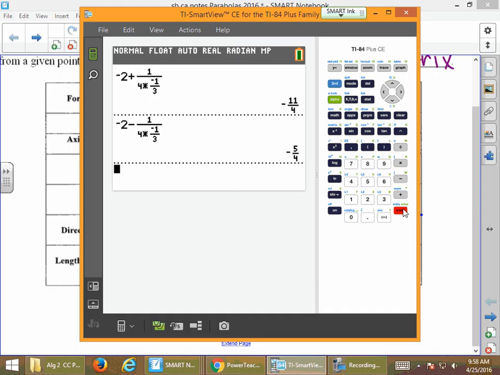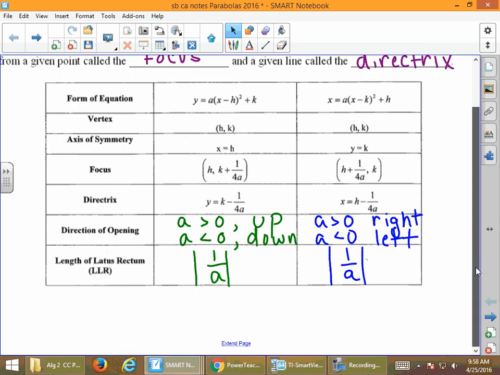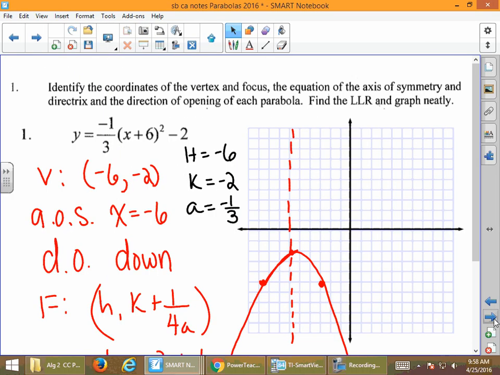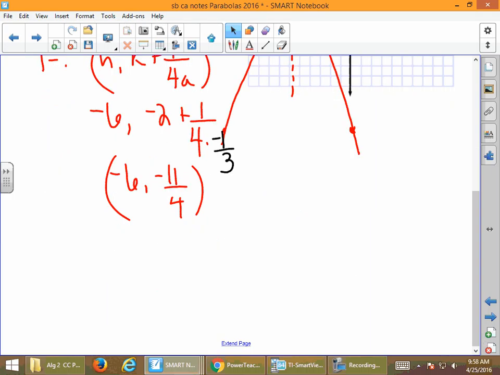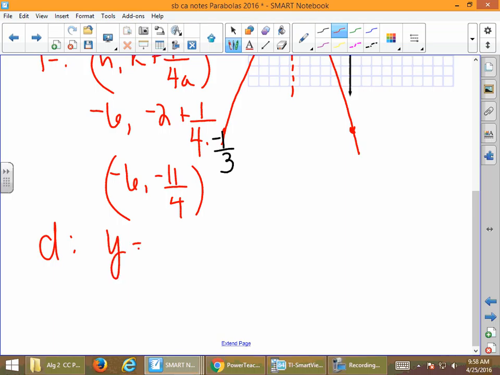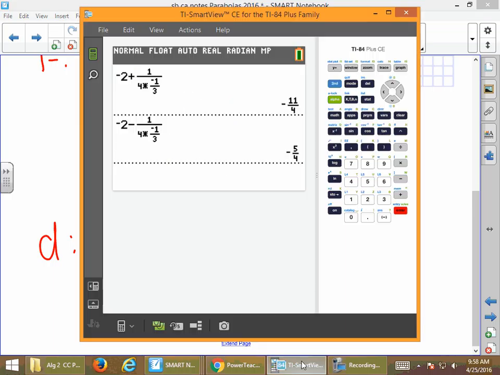And that's going to give us our value, which is going to be, when I get back to the problem here, our directrix is just y equals, and again, looking at the calculator, negative 5/4.